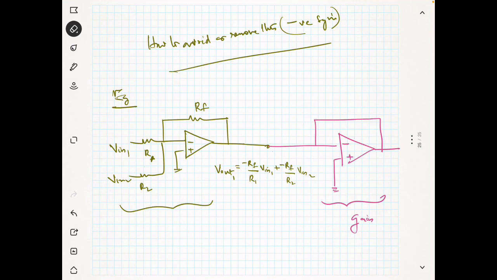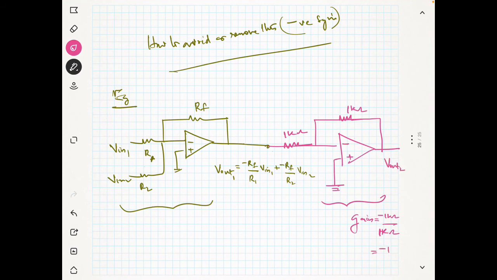Why is it not a good circuit? For a voltage follower, I would connect the input directly, but I am not doing that. I will connect like this: this is a 1 kilo ohm resistance and this is a 1 kilo ohm resistance. Then the gain is equal to minus of 1 kilo ohm divided by 1 kilo ohm, so it becomes minus 1.